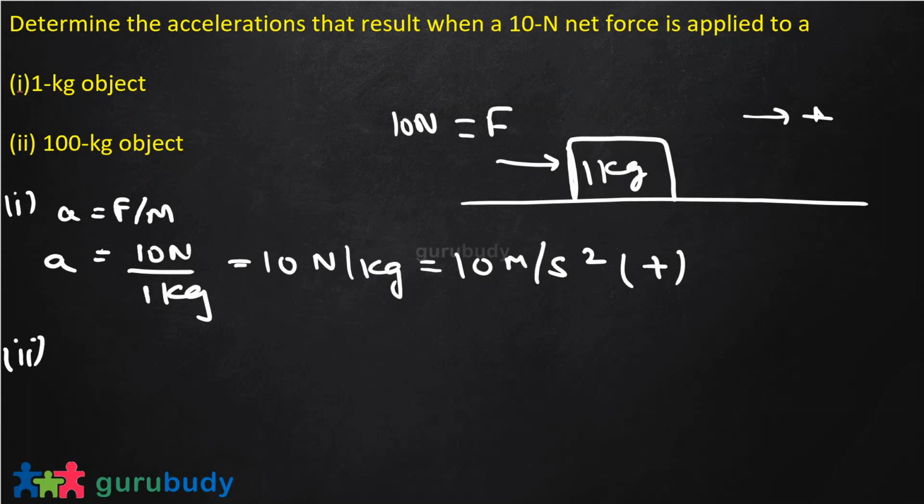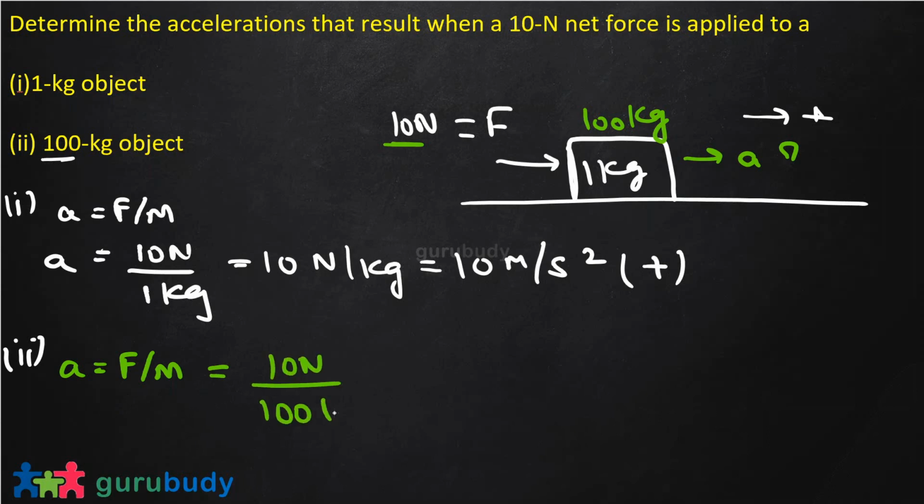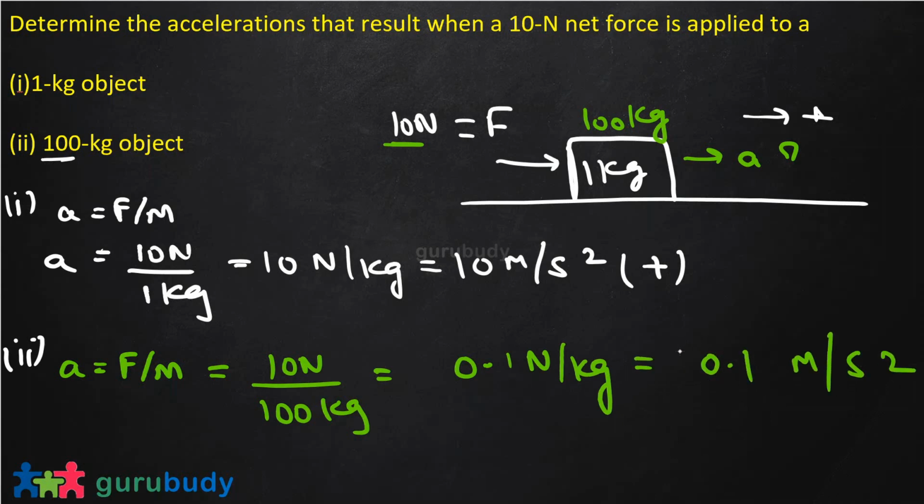And the second question, it is asking us to calculate the acceleration for a 100 kilogram object. So now the mass of the object has gone up, but the force is same. So the mass is now 100 kg. Force is still 10 Newton. Again, acceleration is F by m, which is equal to 10 Newton by 100 kg, which is equal to 0.1 Newton per kg, or you can say 0.1 meter per second square.